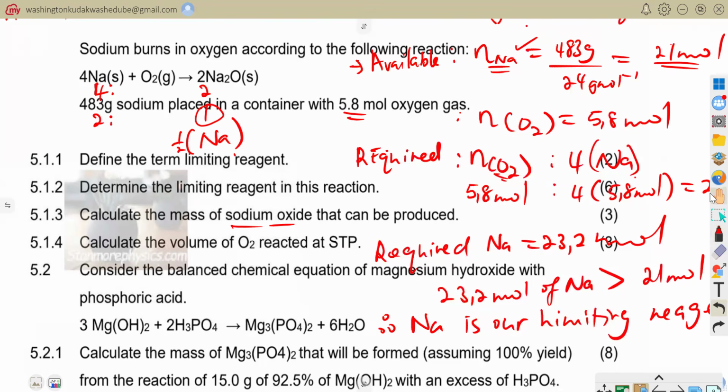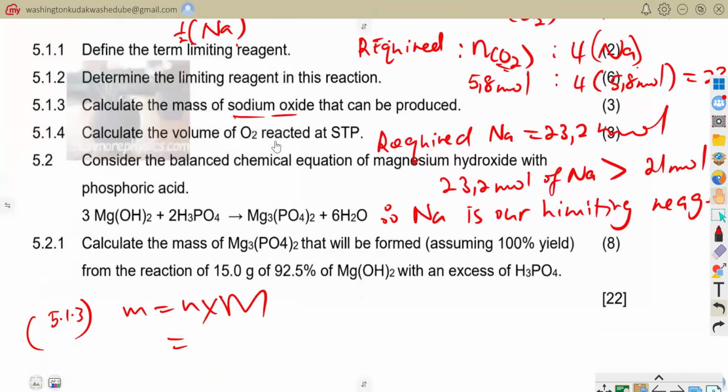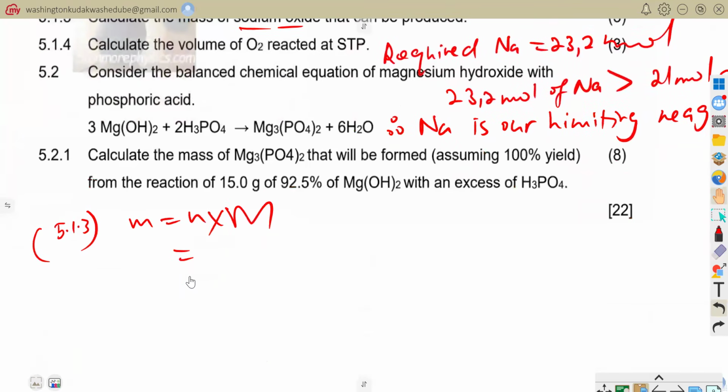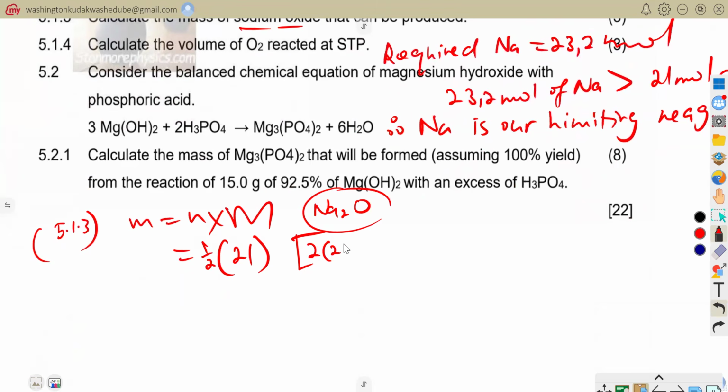So now let's work it out. The number of moles of sodium oxide is going to be half of our sodium number of moles, which is 21. And then we multiply by the molar mass of sodium oxide. So we would say 2 times 24 plus 16.